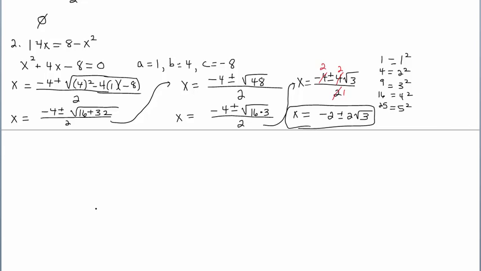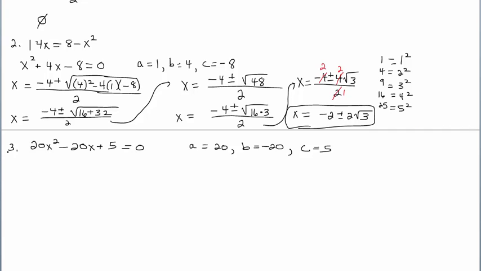Okay, and we're going to do one more, solving by quadratic formula. All right, we're in general form, so we're ready to state the A, B, and C values. These are kind of big numbers. I think there's going to be a lot of simplifying.